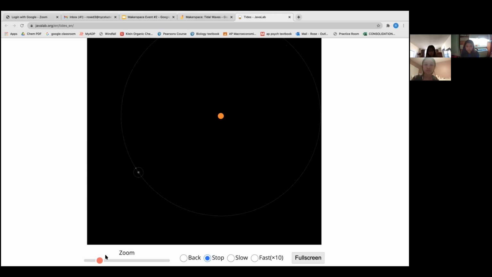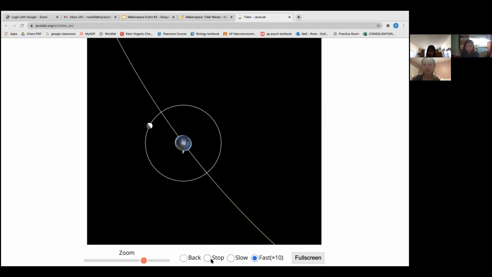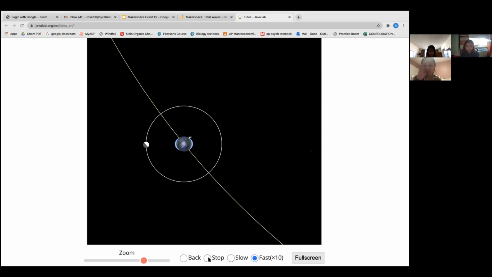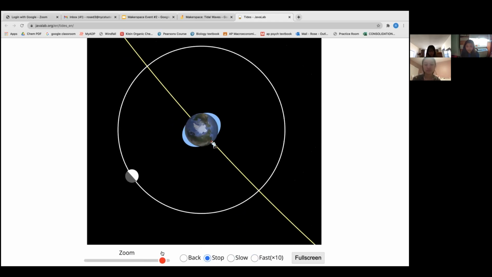But if you continue to play, zoom in, and then continue to play the rotation, and stop it when it's like in the middle of the other side. When it forms like a straight line. Yeah, stop it right now. You guys see how it's like not equal on all sides anymore? It has high ends, high tides, low tides.